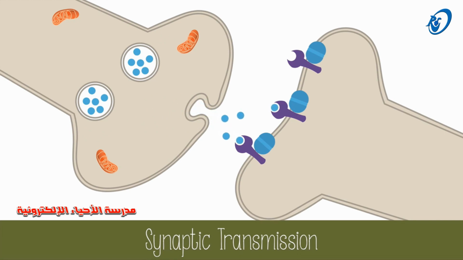They diffuse across the synaptic cleft and bind to receptors on the postsynaptic membrane. The binding of neurotransmitters triggers sodium ion channels to open and pass the threshold potential. The action potential is propagated along the postsynaptic neuron. Then the neurotransmitters are broken down and removed from the synaptic cleft.